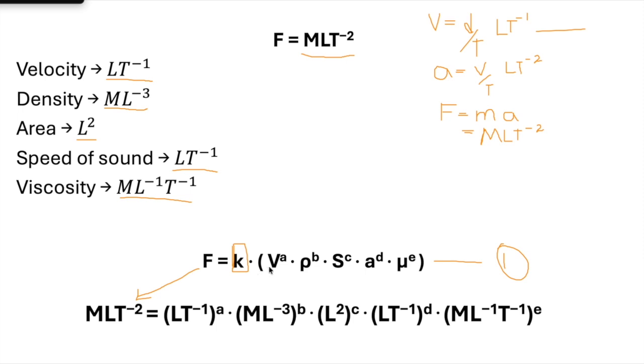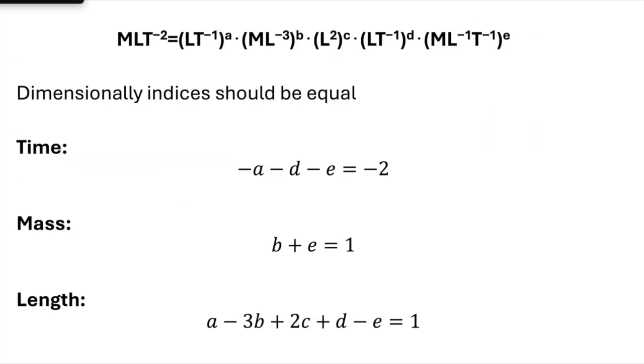And V will be L T minus 1, and power A will be kept here, and then I have rho, M L minus 3, and then surface area as L squared, speed of sound as L T minus 1, and viscosity as M L minus 1 T minus 1.